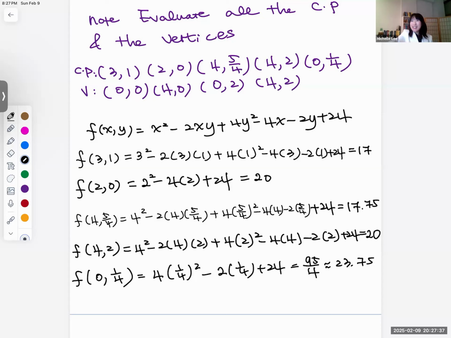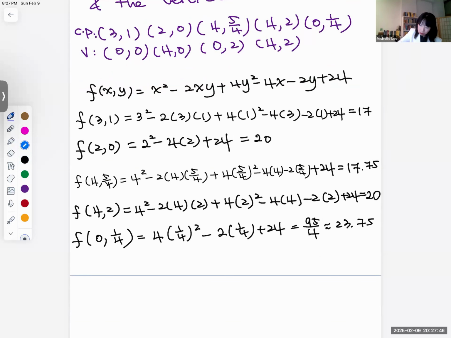Okay, so I said a shortcut. So what is this shortcut? This is from line 3. In line 3, we have the t function, right?